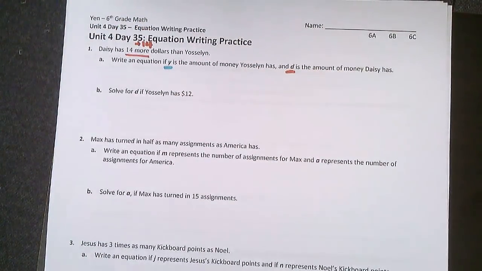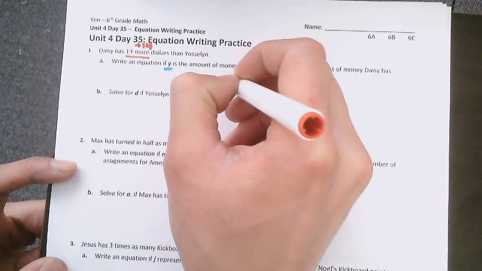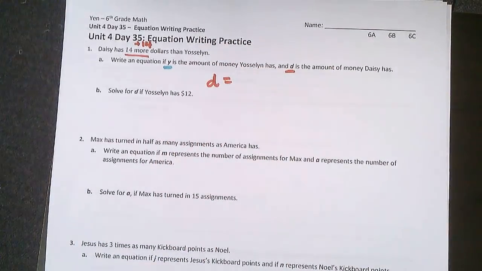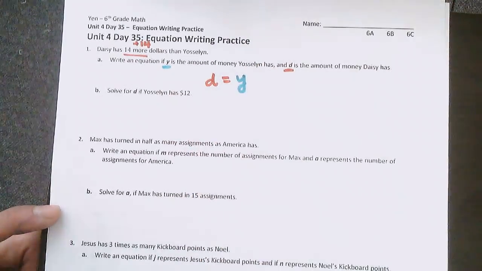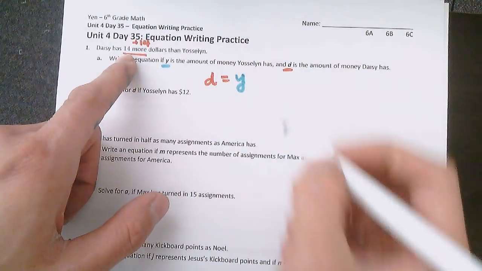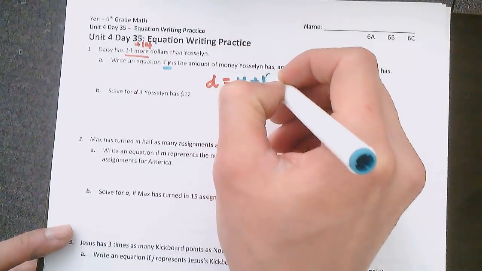So if I was to write an equation, I could say that Daisy's amount, or D, is equal to whatever Jocelyn has, which is Y, but she has 14 more than that. So Daisy's amount is equal to Jocelyn's amount plus 14.